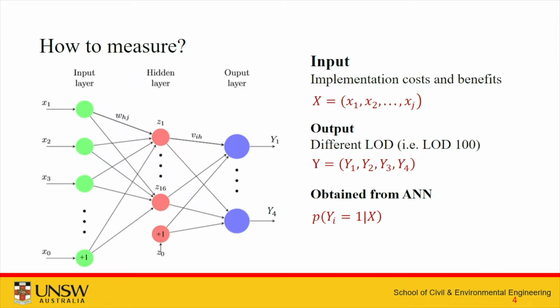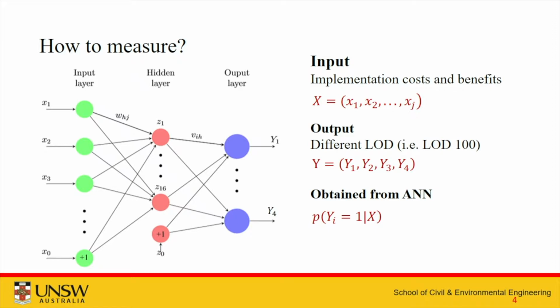For example, I have 4 inputs for the training cost, and 5 for the productivity improvement. The output, the blue neurons on the left, will be the different LOD levels. So the output will have 4 neurons.